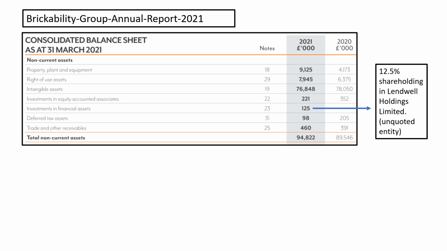Let us look at how a UK-listed company, Brickability Group PLC, accounted for passive investments in its financial statements.